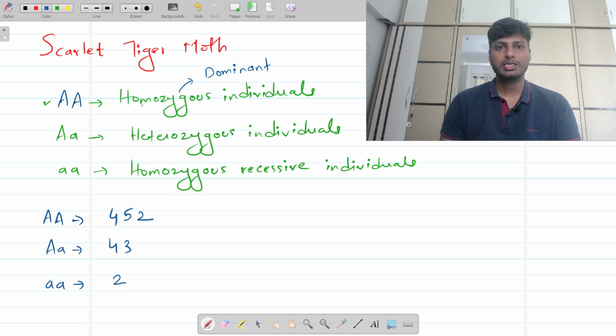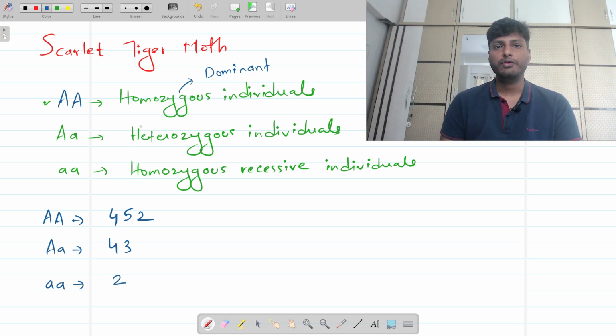So in this population of scarlet tiger moth, there are around 452 individuals who have the genotype capital A, capital A. Then there are around 43 individuals which have the genotype capital A, small a, and there are 2 individuals which have the genotype small a, small a.